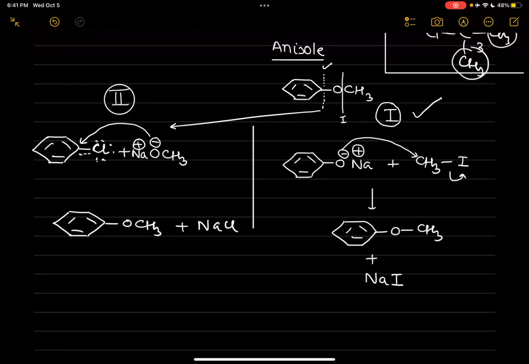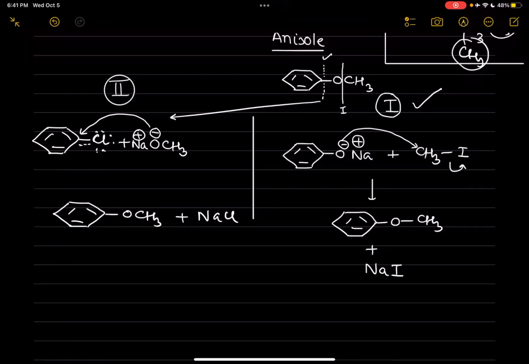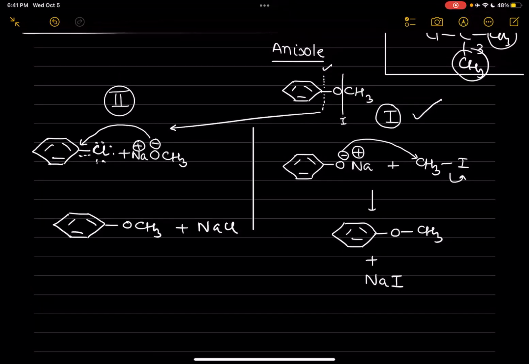Remember we studied Dow's process, in which we have seen that it was very difficult. We took very high temperature and pressure. So this substitution is not going to occur normally.